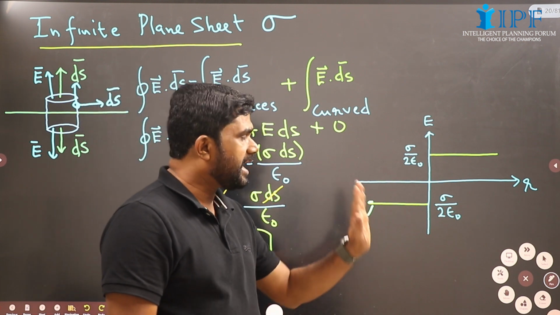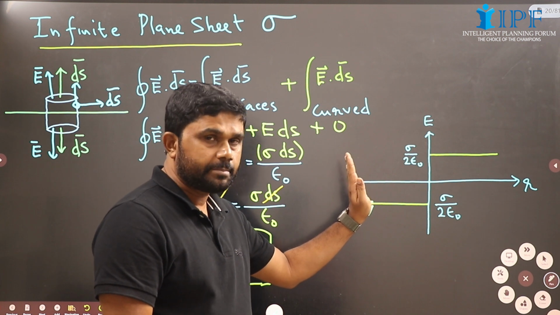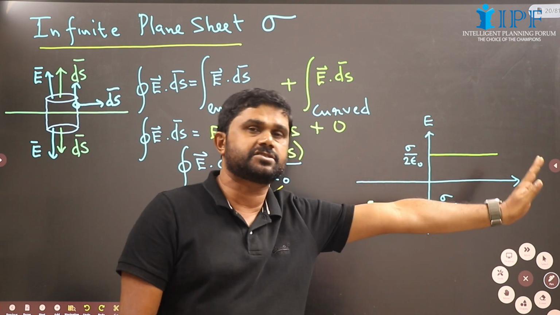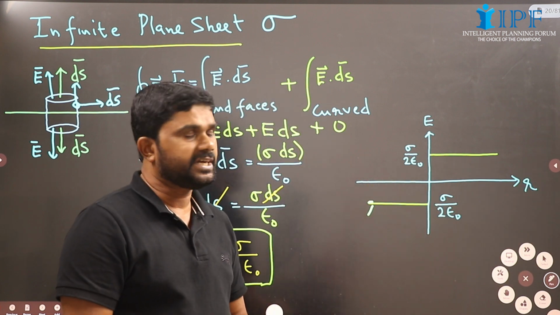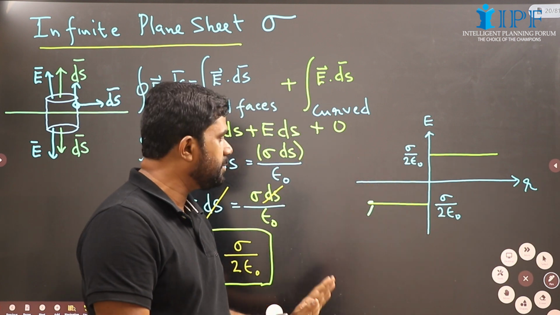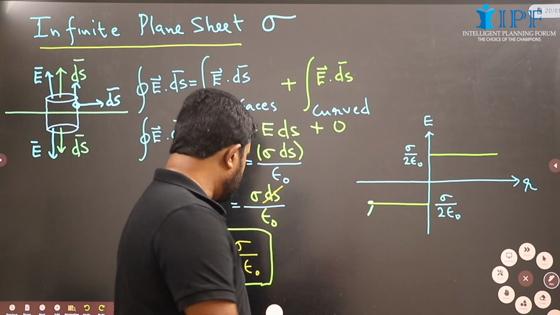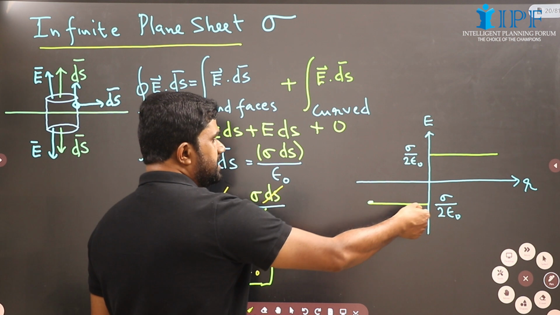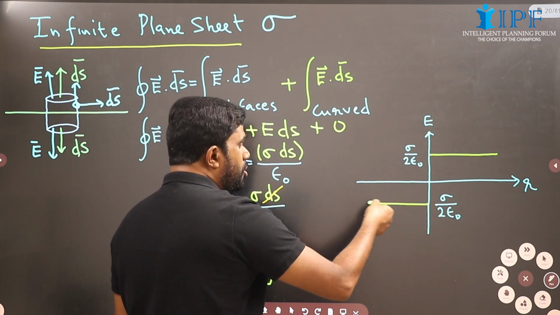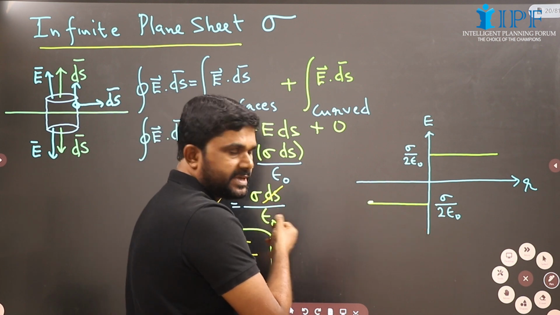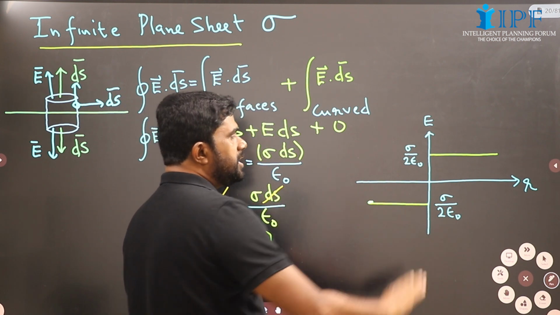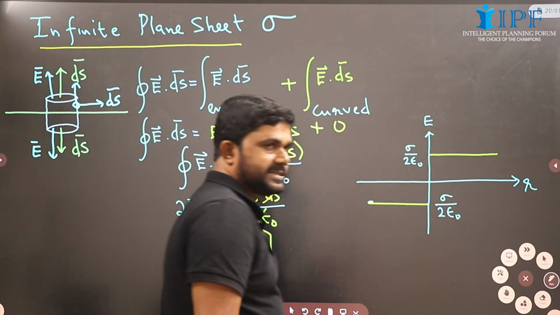Suppose I have kept the sheet like this, and let me take the field on the right side as towards right, and positive. Then the field on the left side will be negative. But it is independent of distance, so it does not change with distance. As the distance increases, the field remains constant, here also.